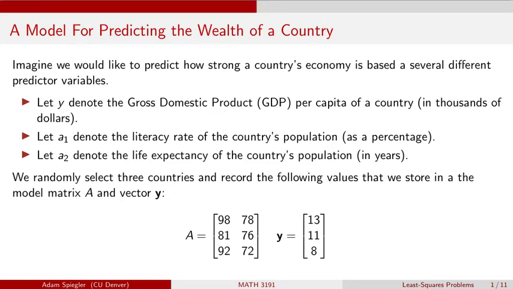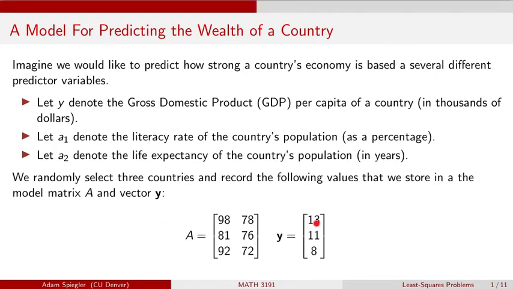We have set up all of the observed predictor values in this matrix A that we'll call the model matrix. So A1 values, literacy rates, are in the first column, and A2 values, the life expectancy, are in column 2, and then we'll store the response values, which are the GDP per capita, in a separate vector Y. The ordering here is important.